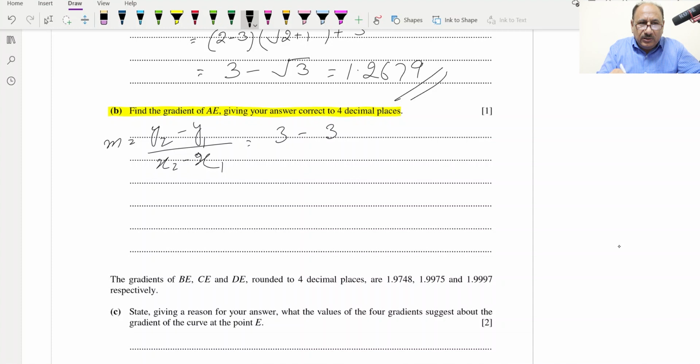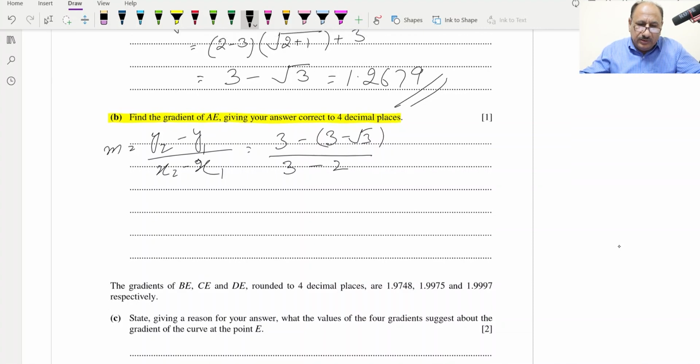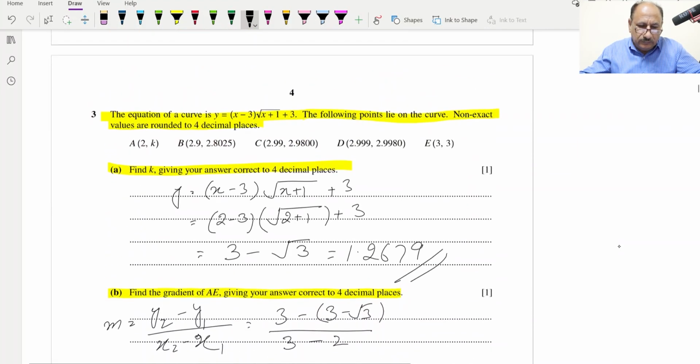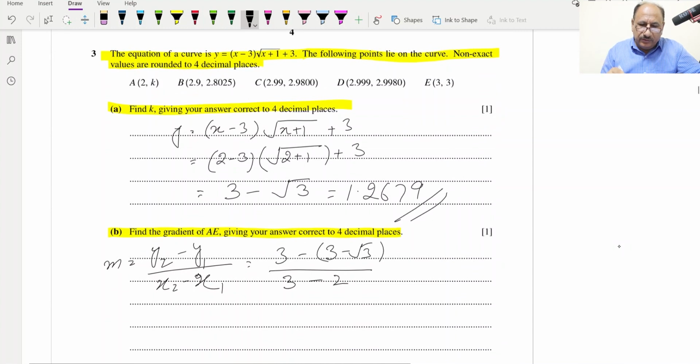So 3 and minus under root 3 like this in brackets. So y2 minus y1 over x2, 3 minus x1 will be 2, and these will be the values which we have written. So this will be the gradient.